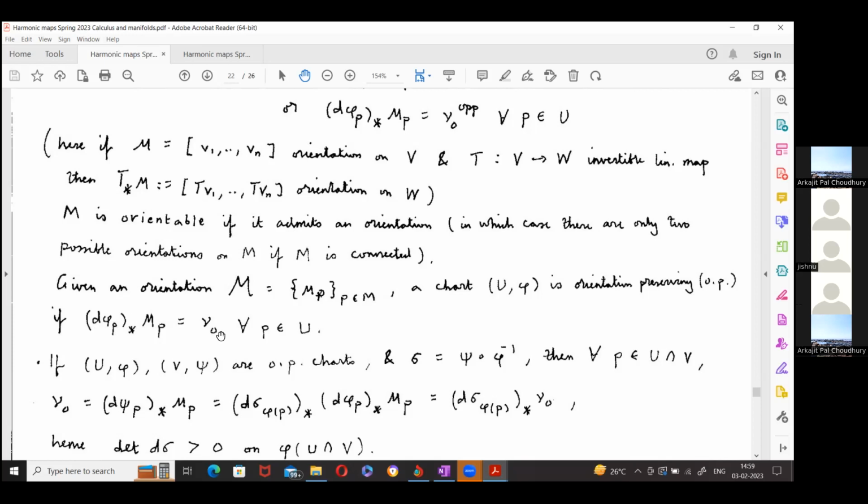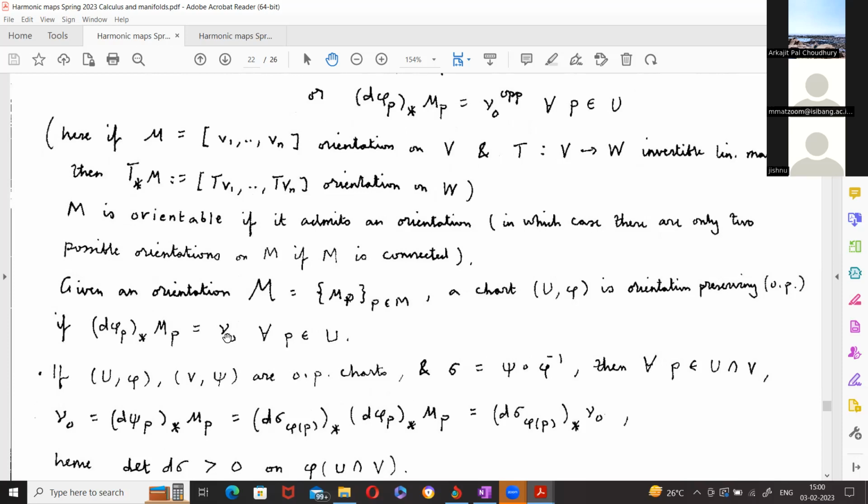So notice that if I have any chart, from that I can always get an orientation preserving chart. Because if it is orientation preserving already, then I don't have to do anything. But if it is orientation reversing, that means it pushes forward the given orientation mu p to the opposite of the standard orientation on Rn. Then I can just compose with a reflection in Rn, from Rn to Rn.